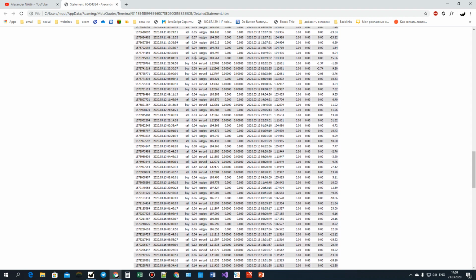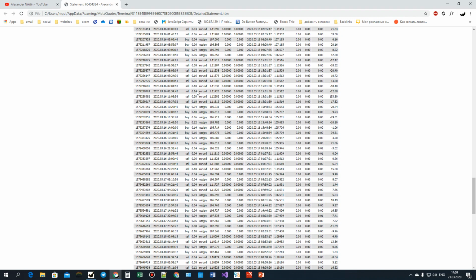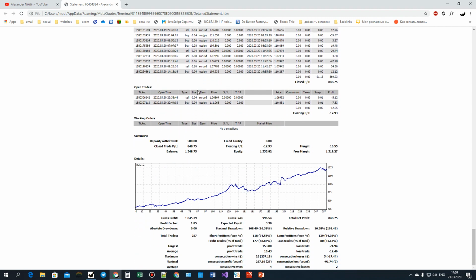So it was 4 incrementing by 2: 4, 6, then 4, 6, 8, then 4, 6, 8, 10, and the rest. Okay, so here's the chart. Looks pretty good. This was the drawdown that I was talking about, and I made a decision to make the position slightly less.